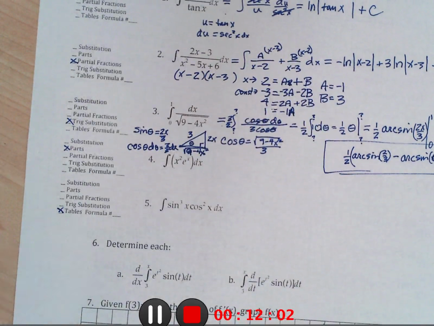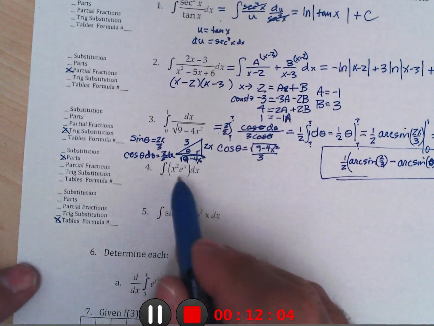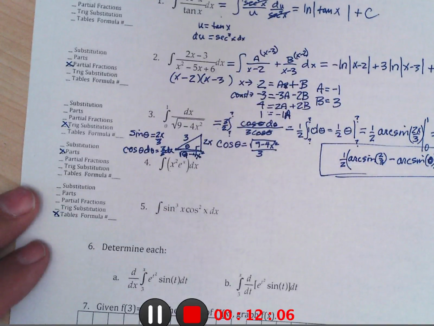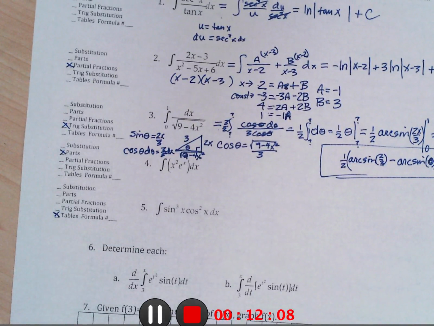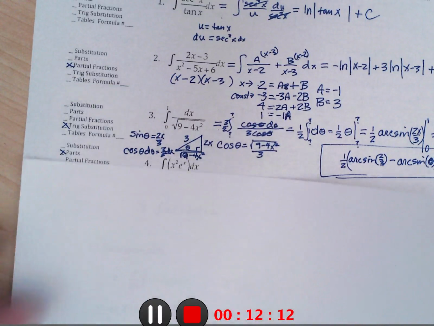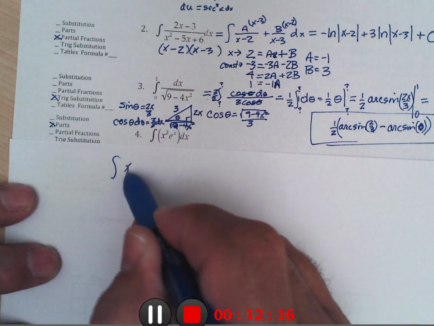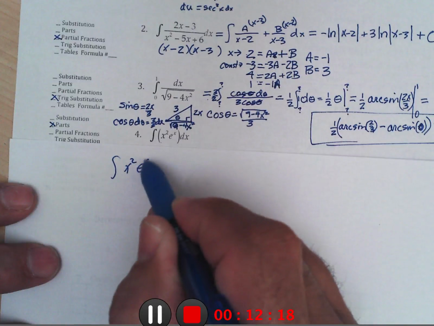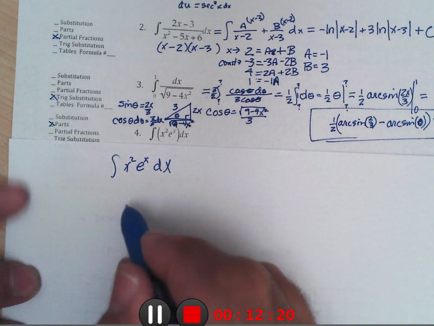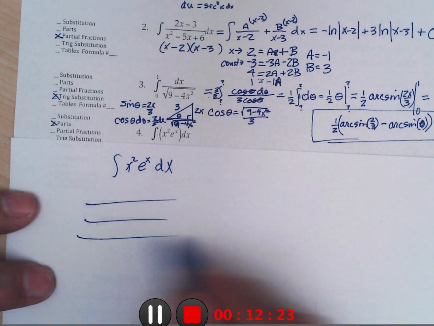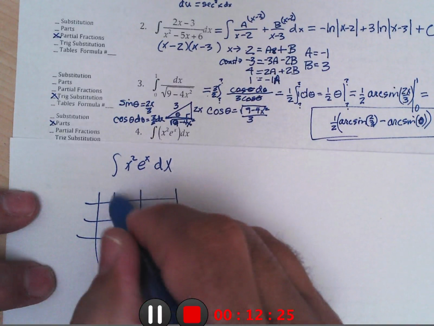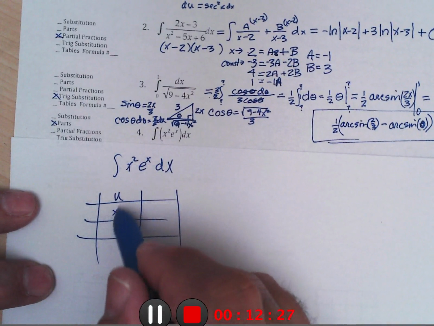All right, by parts. And I think I'm going to have to do this one twice. So I'm going to pull out some paper here so it's not so crowded. So we have the integral of x squared e to the x dx, and so I'm going to let u equal x squared because I want to take the derivative of it.